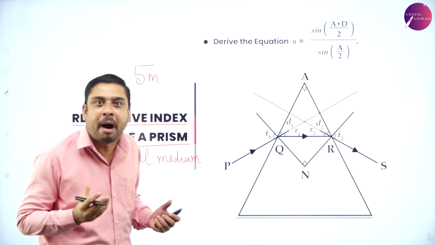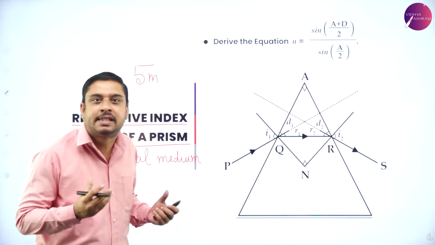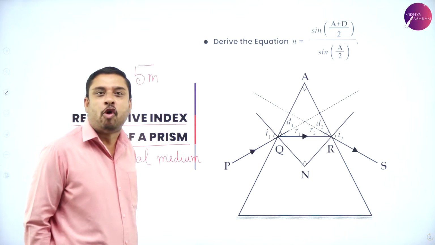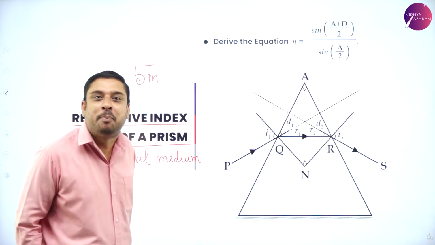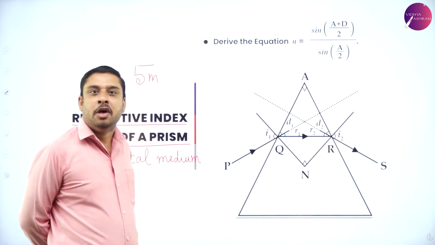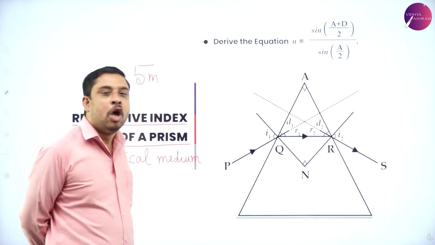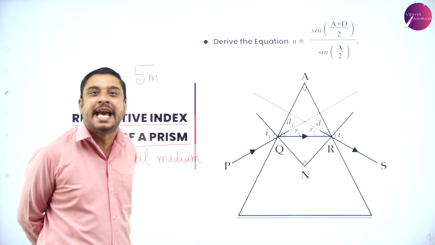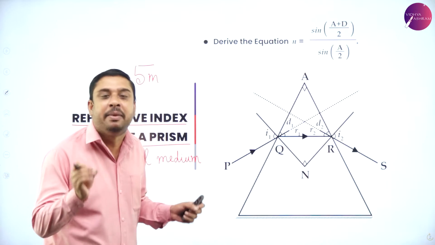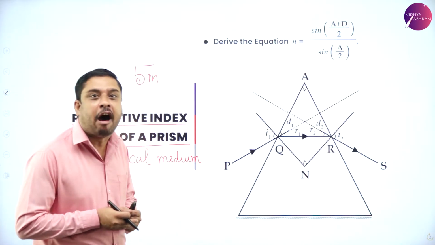Light can pass through a prism. Glass allows light to pass through it. Therefore, I call it an optical medium. So the basic definition of a prism says that it is an optical medium. It is made of glass.